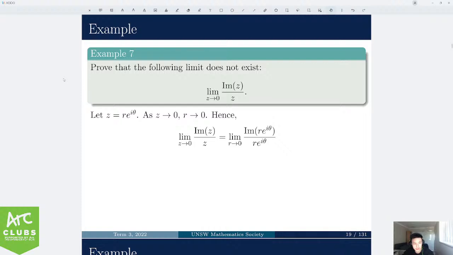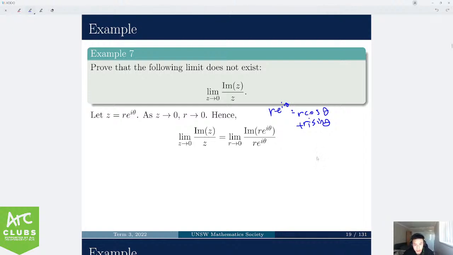And hence, if you sub in z equals r e to the power i theta, we have this limit over here. And just a brief recap, r e to the power i theta is the same as r cos theta plus i sine theta, so r i sine theta.